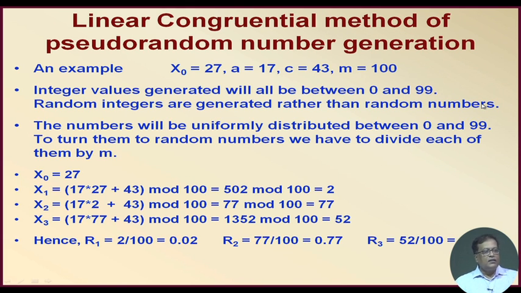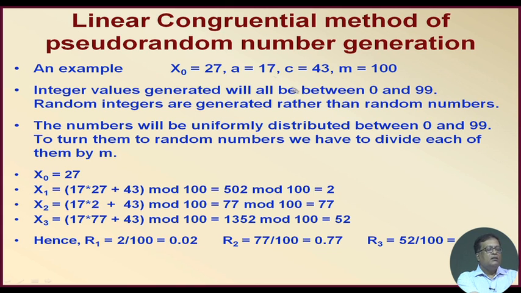Let us look at an example of the linear congruential method of pseudo random number generation. X0 equal to 27, a equal to 17, C equal to 43 and m equal to 100. It is just an example; the integer values generated will all be between 0 and 99. So, what is the first number? 27, because x0 is 27.